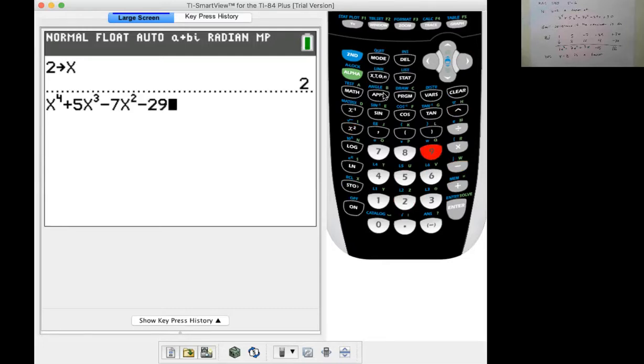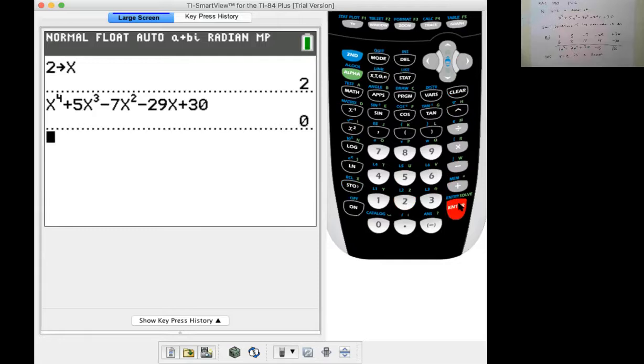What this is doing is determining the remainder, which is also determining the value of the function. If I get 0, then x minus 2 is a factor. Sure enough, I get 0.